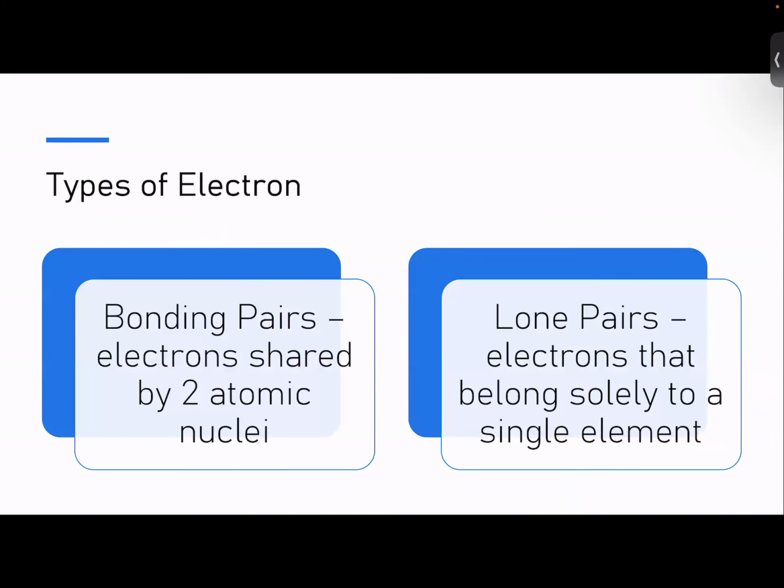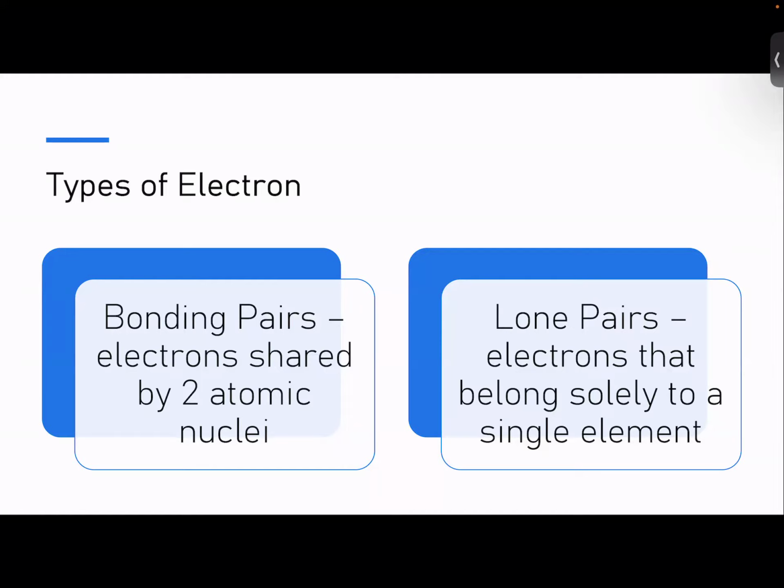So bonding pairs are electrons that are shared by 2 atomic nuclei, whereas lone pairs are electrons that belong solely to a single element. Again, with water, the hydrogen-oxygen bond would be a bonding pair because those electrons are shared between the hydrogen and the oxygen.